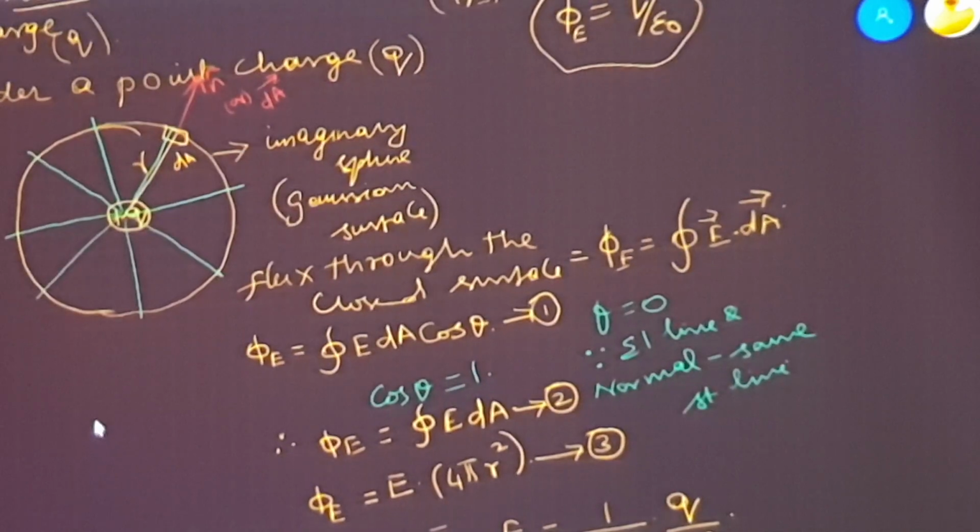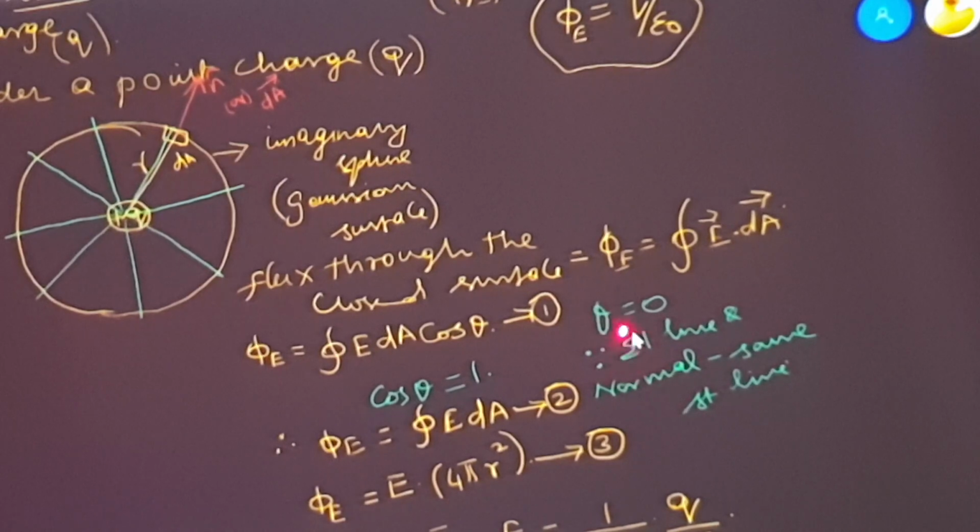Theta is 0 because from the charge, the electrical lines of force are acting radially outwards. If you consider a small surface area on the Gaussian surface, the normal drawn to the Gaussian surface and the direction of the electrical field are parallel to each other, or both are along the same line. So we can say theta equal to 0.